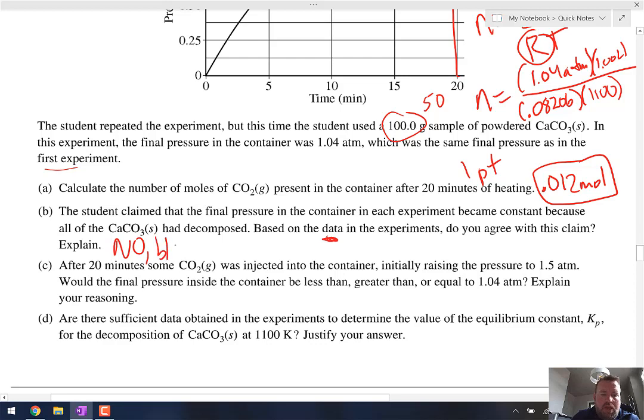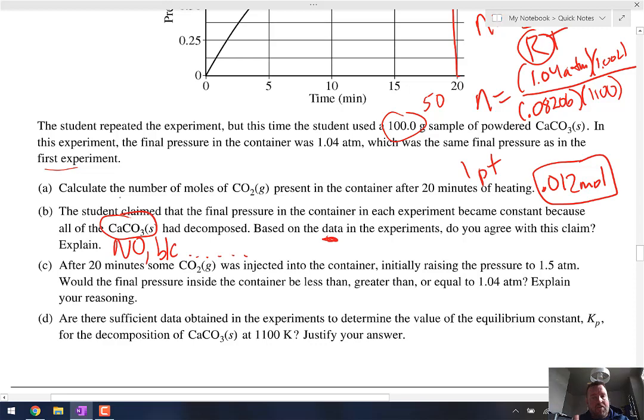So based on the data in this experiment, do you agree with this claim? No, because, and again, I'm not going to write it all out, whether you start with 50 grams or 100 grams, we still get to a constant pressure of 1.04 atmospheres, which means that there's still some of the reactant left over. So some of that calcium carbonate does not decompose.